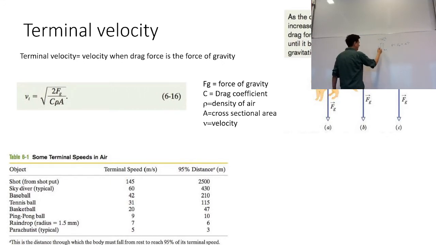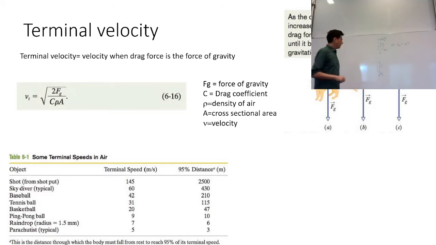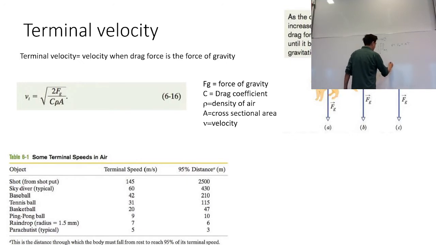But at some point down here, so here D is less than the mg, but some point down here, these forces will balance, right? And then at this point, there's actually no net force acting on it. It's just moving at a constant velocity because the acceleration is 0 here. All the forces cancel.